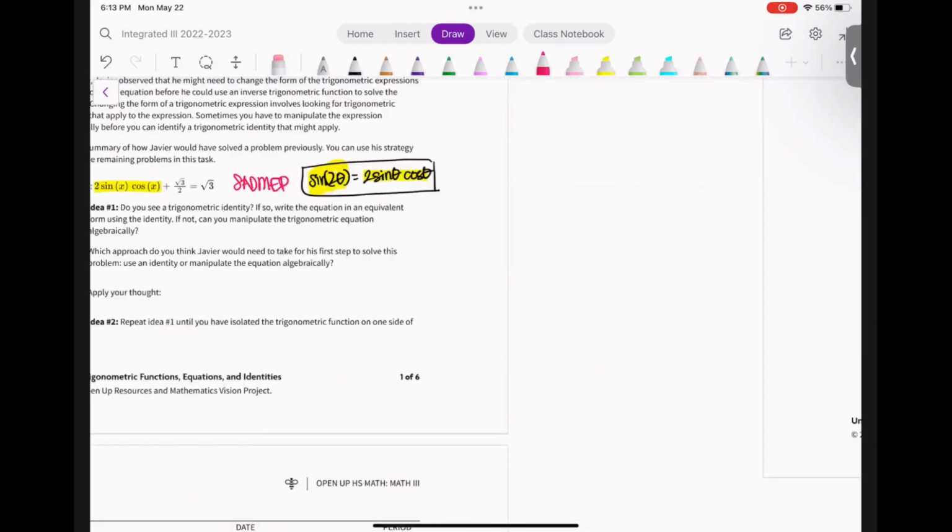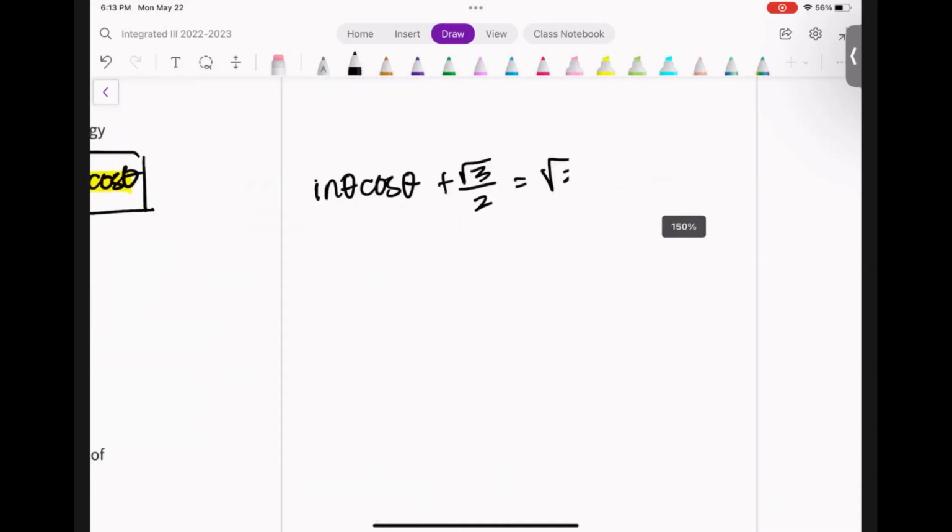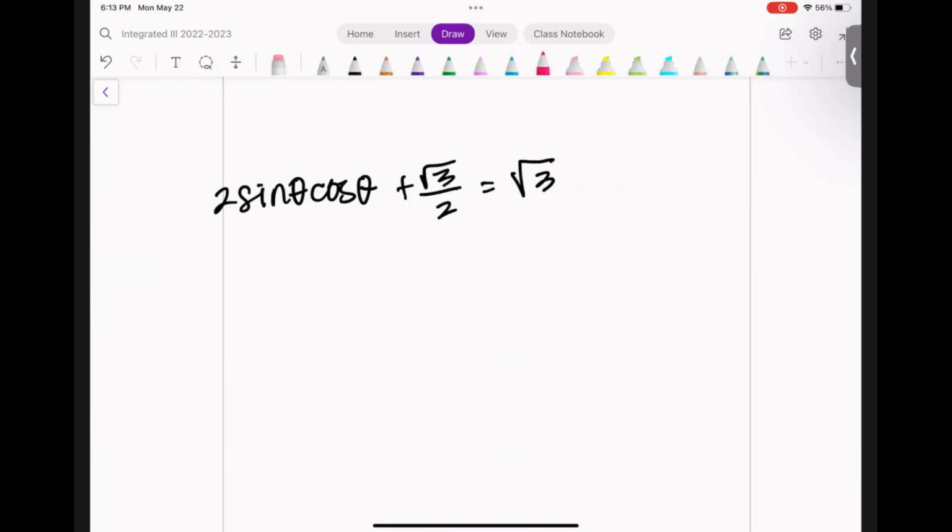So that's going to look like 2 sine theta cosine theta plus root 3 over 2 equals root 3. Okay. So then I'm going to subtract root 3 over 2 minus root 3 over 2. And going back to 5th grade fractions, I'm going to be doing that. Okay. So the left side still stays as 2 sine cosine.